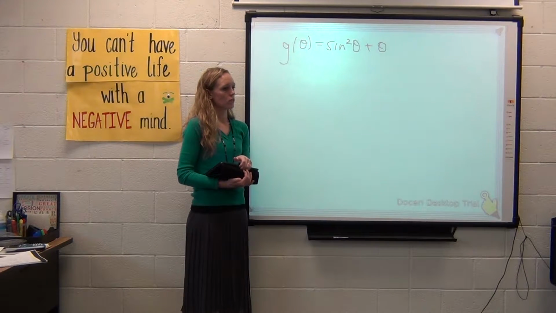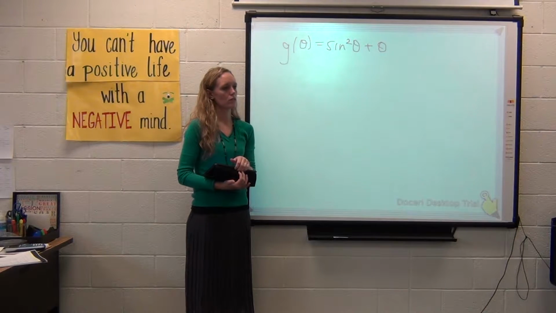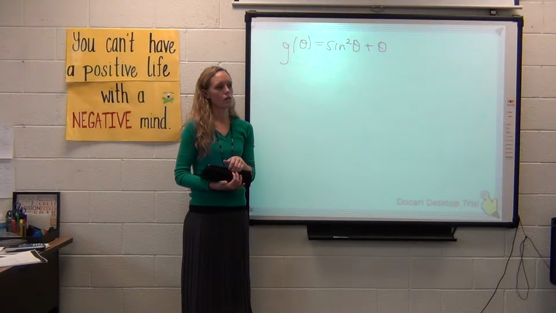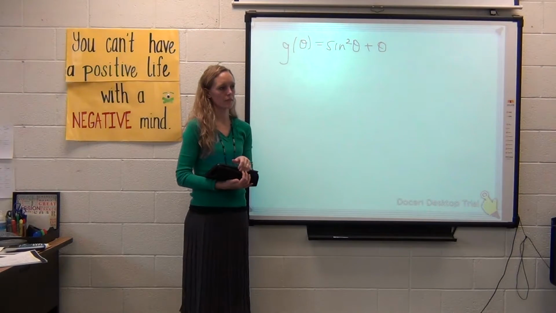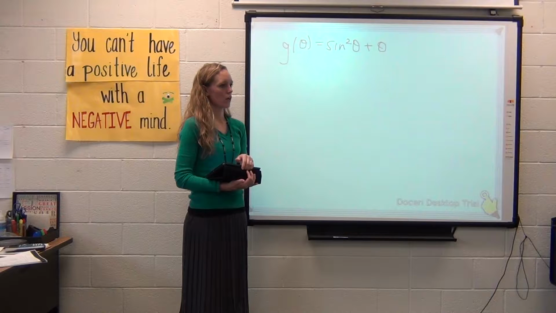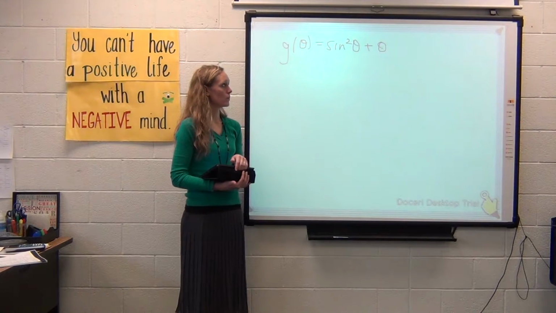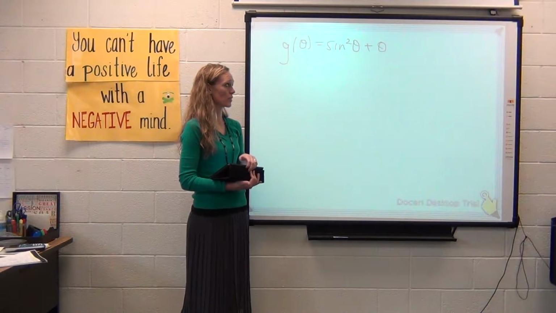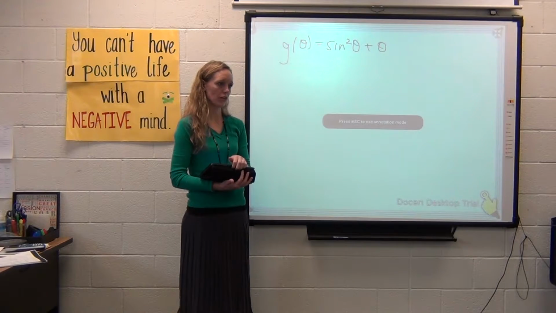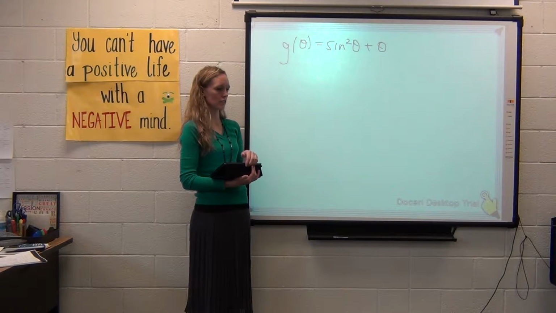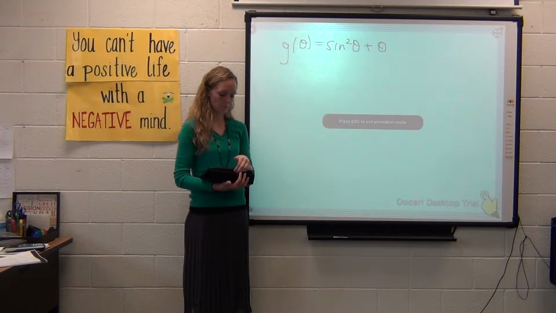Is theta generally used to represent a degree? It's representing an angle, which might be given to you in radians. In calculus, it's going to be given to you in radians.